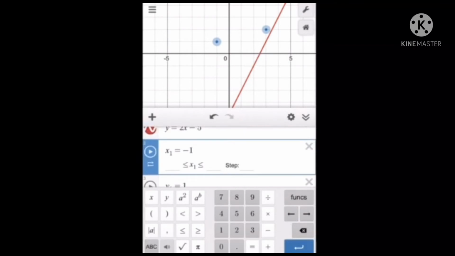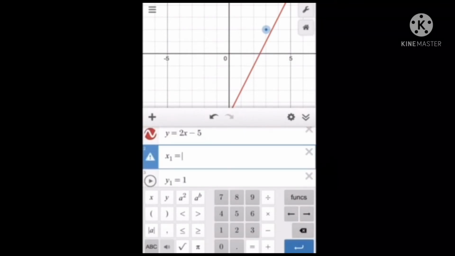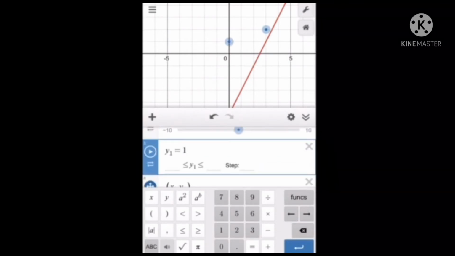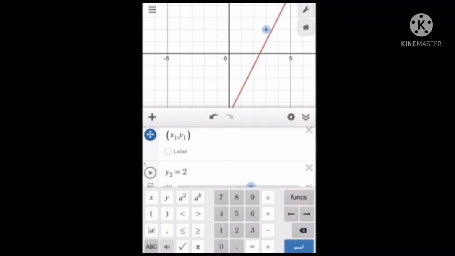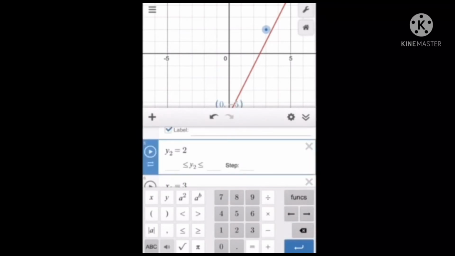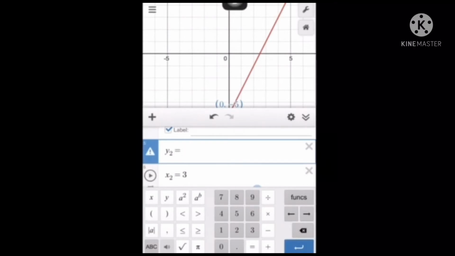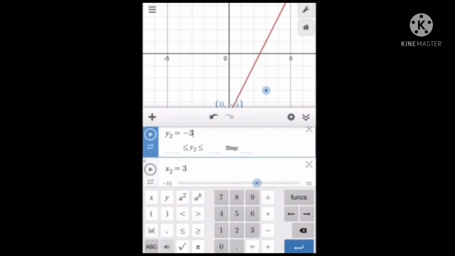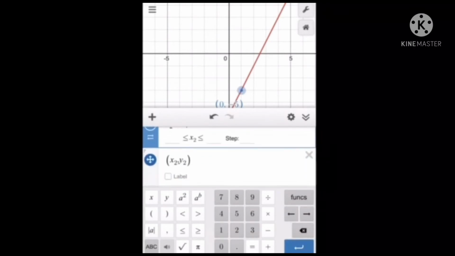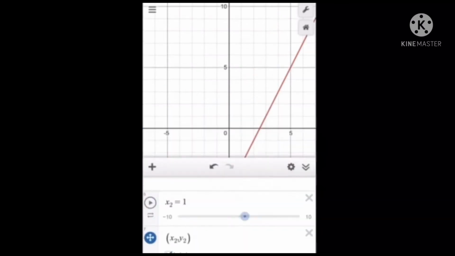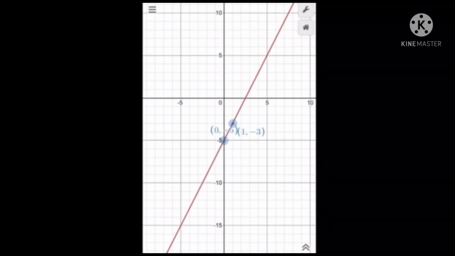Then our first point is x equals 0 and y equals negative 5. If you want to label, click label. Then for point 2, y equals negative 3 and x equals 1. Then label, and we get the graph like this.